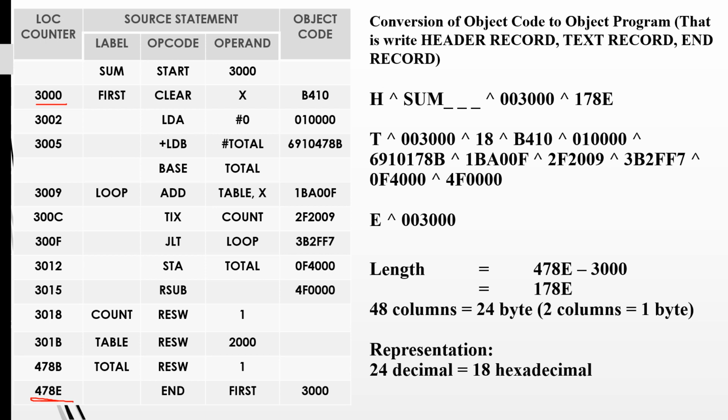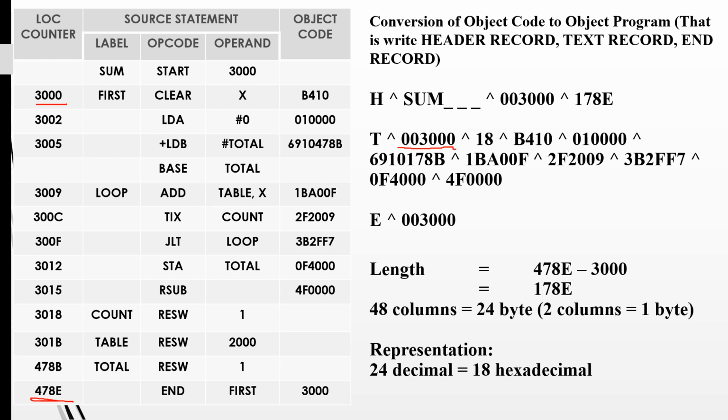Then coming to the text record, the text record contains 69 columns. The first column contains capital T, which is a text record. Then it is followed by 6 columns, the starting address of the program, which contains the location counter as 3000. Sorry, it is not the program name, it is the starting address of the program.